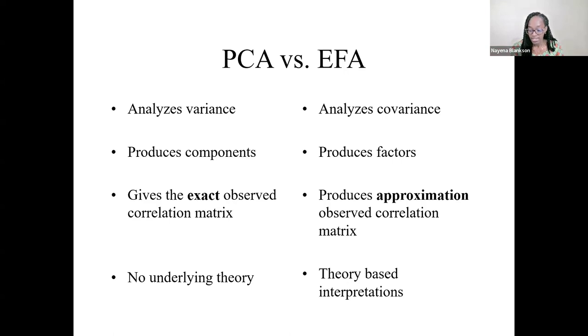In contrast, exploratory factor analysis will try to produce an approximation to that observed correlation matrix. And for principal components analysis, usually there's no underlying theory about which variables go with each other or how the variables will go together.